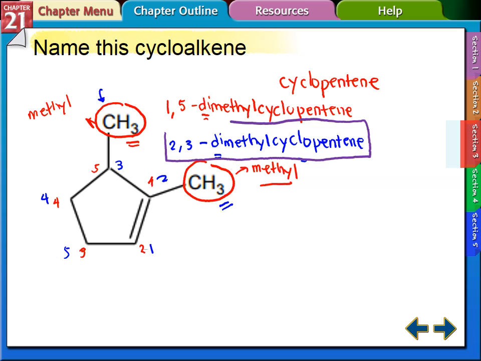You could also try adding 1 and 5, which would give you a 6, and 2 and 3 would only give you a 5. So the lowest possible numbers that we could assign to our methyl groups would be 2 and 3, and therefore this is the proper name of this particular cycloalkene.